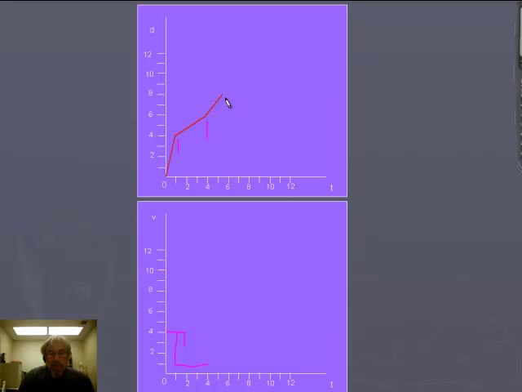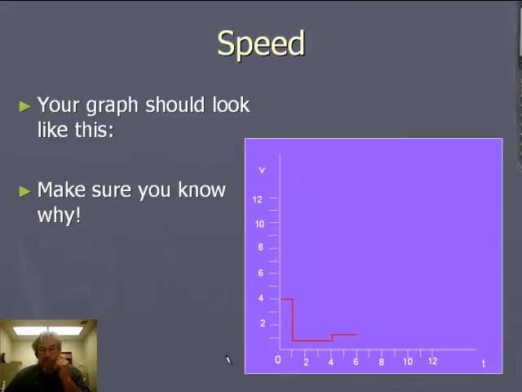And from second 4 till second 6, which is another 2-second interval, I go from 6 up to 8. So now its speed is at 1 unit per second. So I can jump back up to 1 here and go across to 6. So your graph should look like this if you draw better than me. Again, make sure you know why. If you don't know why, go back and review, and if that doesn't help you, ask for help.